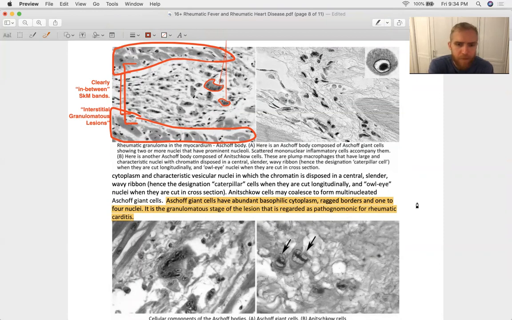And the Aschoff giant cell is composed of these smaller abnormal cells called Anitschkow cells. And those are going to be like owl eye or caterpillar type cells. And you see a whole ton of them here in this picture on the right. I mean, here's one, here's one. They're all over the place. And they kind of look like tadpoles up in here. But again, they stain very darkly in the middle, very, very darkly.